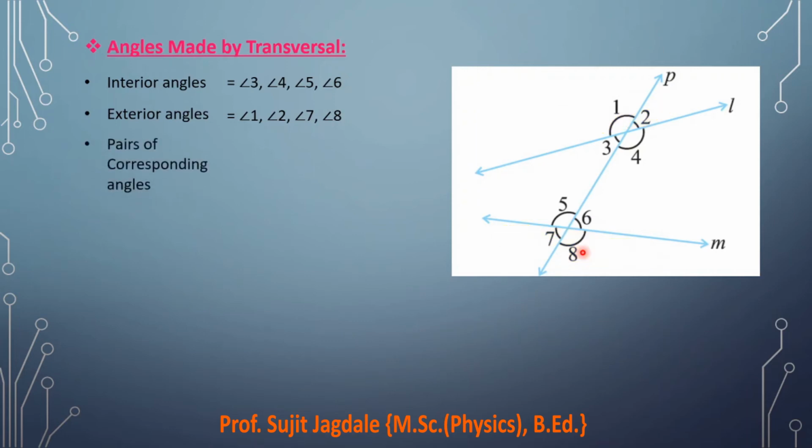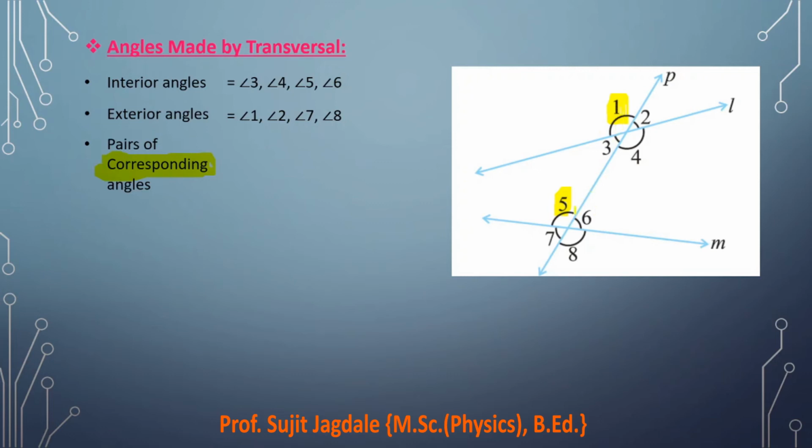The next one is pairs of corresponding angles. Now how to consider corresponding angles? Here I am marking these two angles, angle 1 and angle 5. The word corresponding simply means similar, so they should have a similar position.